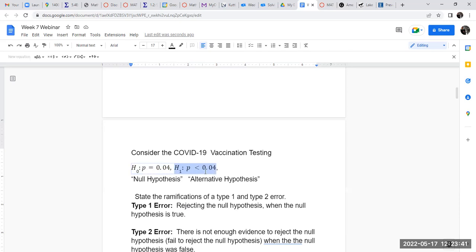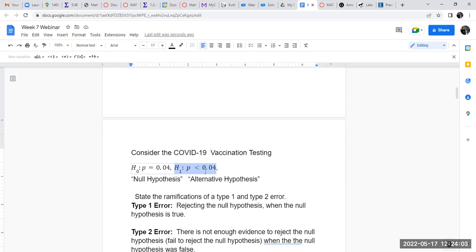And if H1 is correct, what are we going to do? If the FDA decides, based on their testing, that H1 is correct, then what's going to happen? They'll pass the vaccine. They're going to encourage everyone in the world to take it.